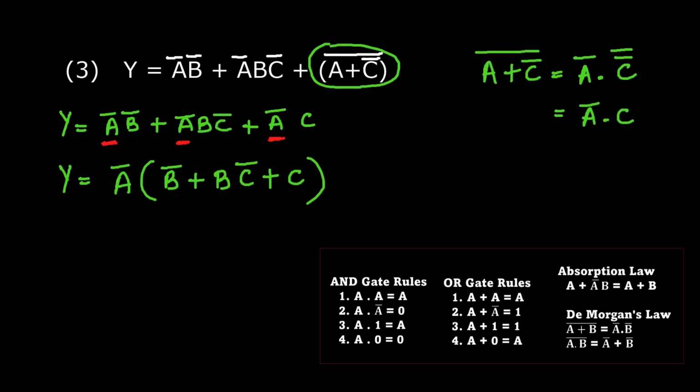When you look at this particular term, what does it remind you of? So this should remind you of the absorption law, what we discussed in a previous example. So we have the complement of B or B and the complement of C. So what does this give you?